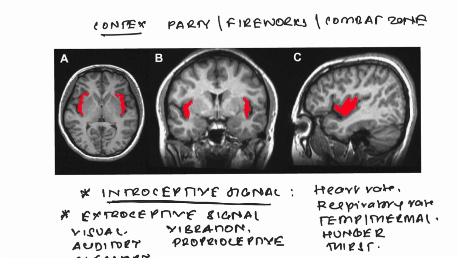So I just wanted to explain the terminology before we start talking about the function of the insular cortex and how it coordinates with the prefrontal cortex as well as the amygdala to generate a physiological and a behavioral response to a particular situation.